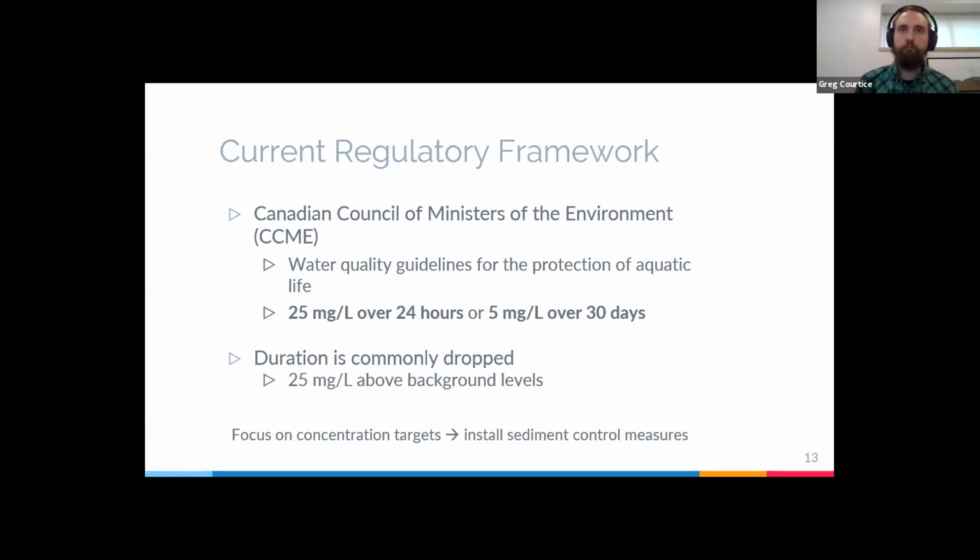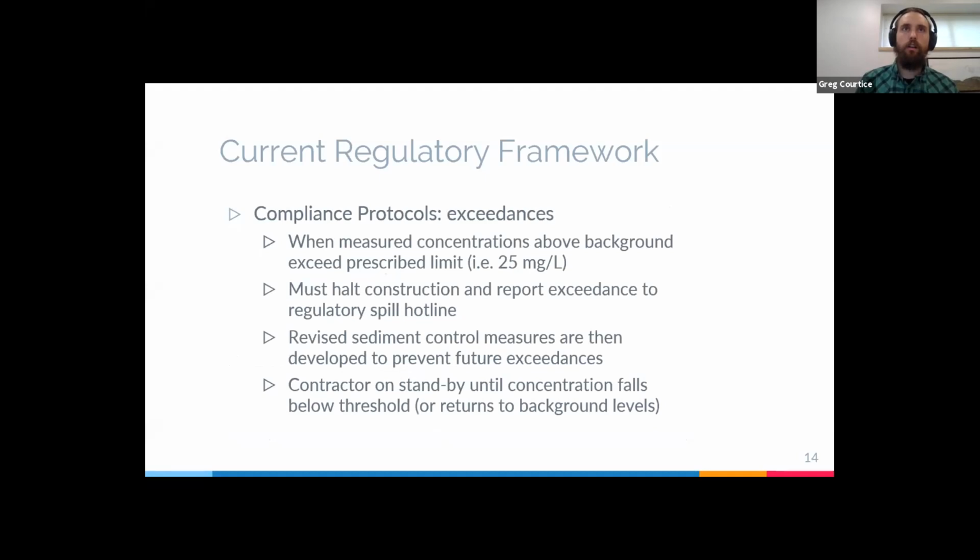And so how we usually develop the compliance is we monitor for exceedances. So when our measured concentrations at our monitoring locations are above our prescribed limit, which is commonly 25 milligrams per liter above background levels, we have to halt construction, report the exceedance to the regulatory spill hotline, then try and revise our sediment control measures or practices as best we can.